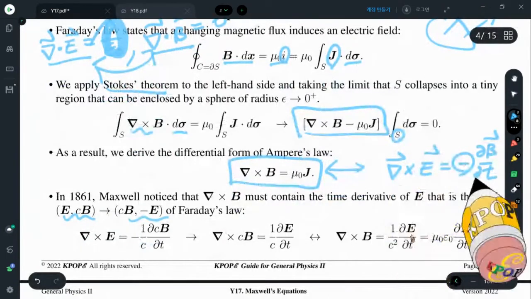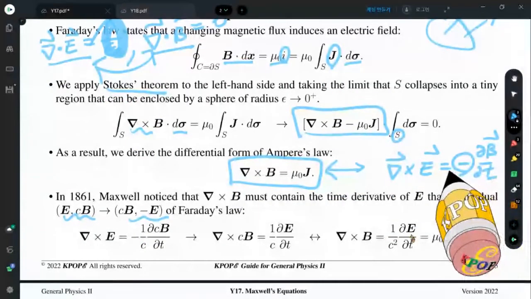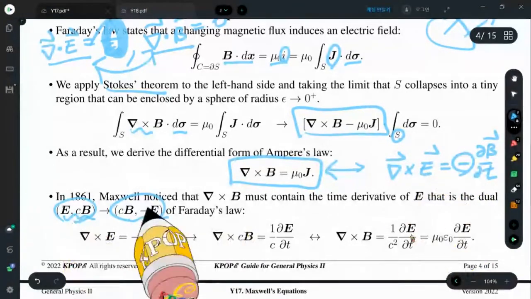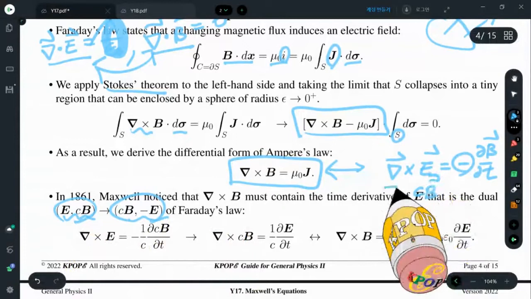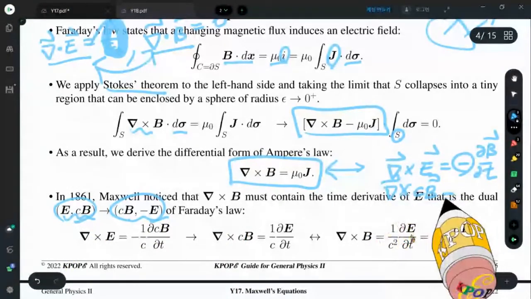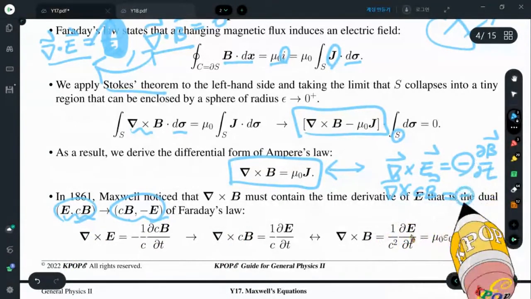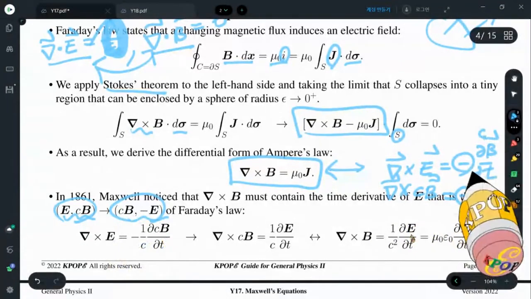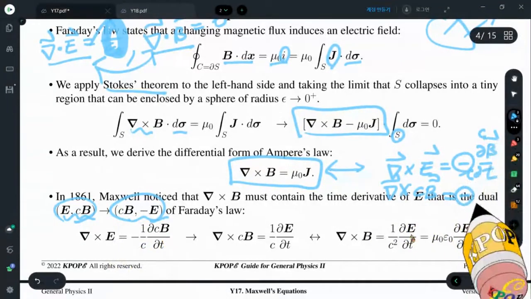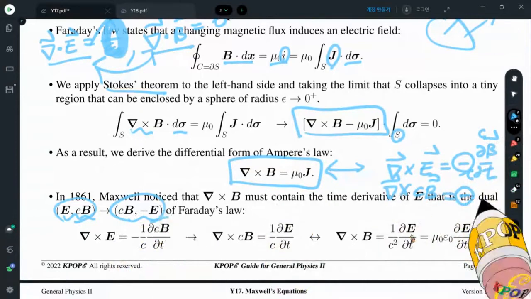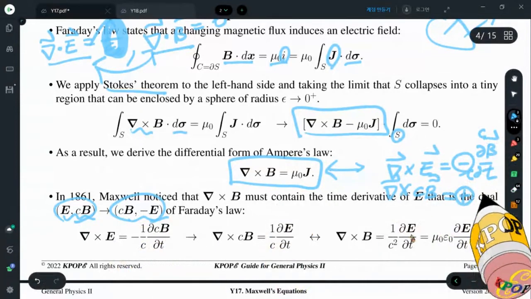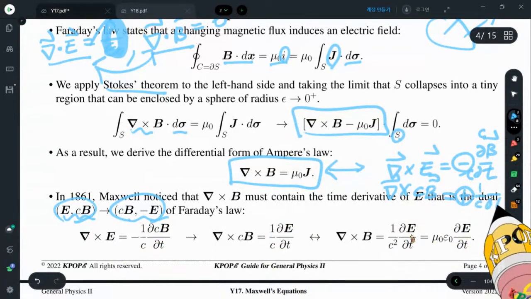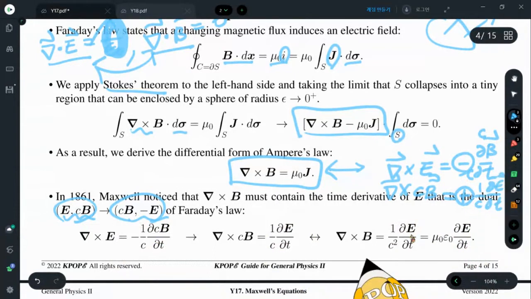So why don't we apply this dual symmetry here? Then E becomes cB, keeping the negative sign, and cB is replaced with E, so this one becomes a plus and 1 over c times the time derivative of the electric field.